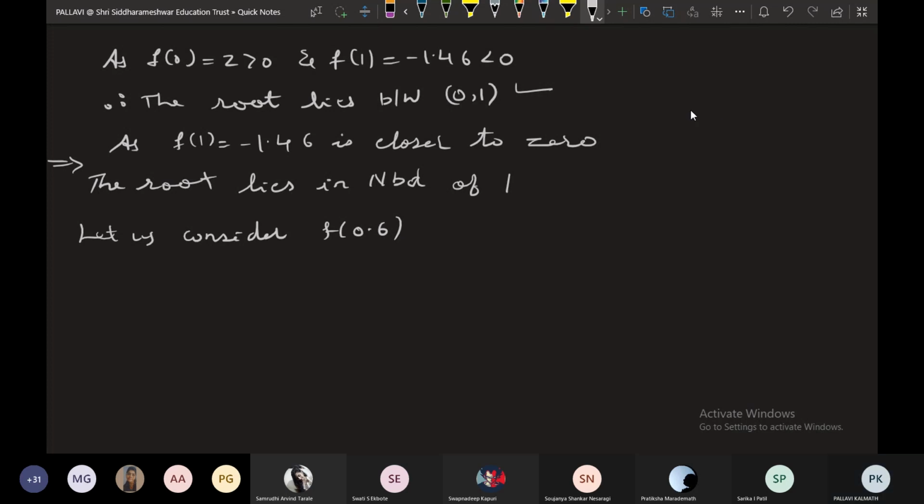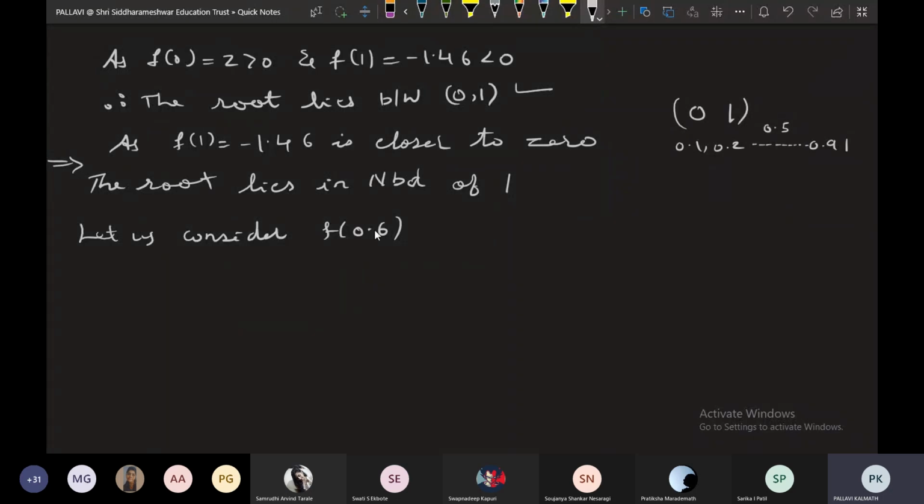So see here, 0 and 1, between this you are having the points from 0.1, 0.2, and so on up to 0.91. In the neighborhood of 1 and after 0.5.